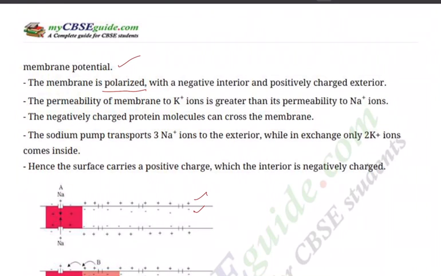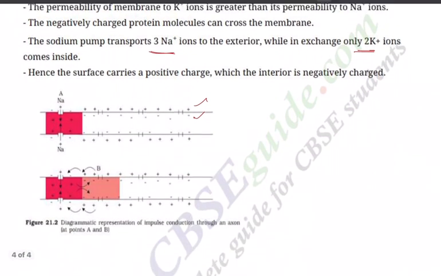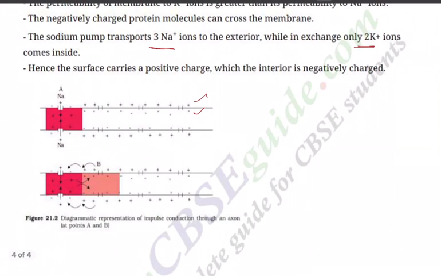The permeability of the membrane to K+ ions, you can see inside, is greater than its permeability to sodium ions. The negatively charged protein molecules cannot cross the membrane. The sodium pump transports, this is important, you must remember, 3 sodium ions to the exterior, while in exchange only 2 K+ ions come inside.